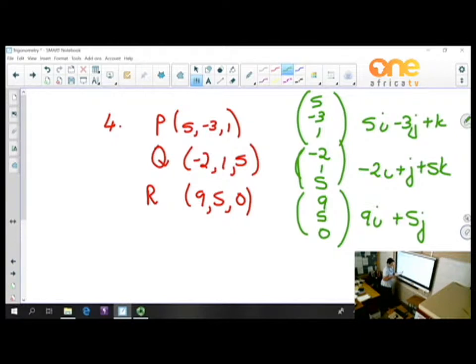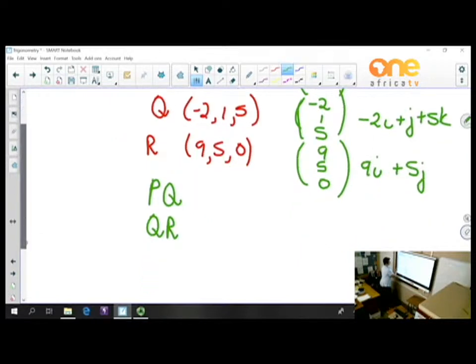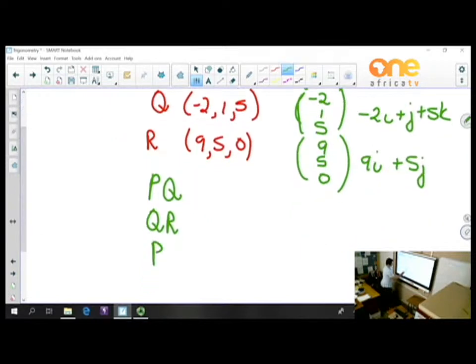And we want to find the angles of the triangle here. So we're going to use the same method now to find the angles. You need to find the column vector PQ, and we'll have to find QR, and we'll have to find PR. Now remember, your angle is always there in the middle.